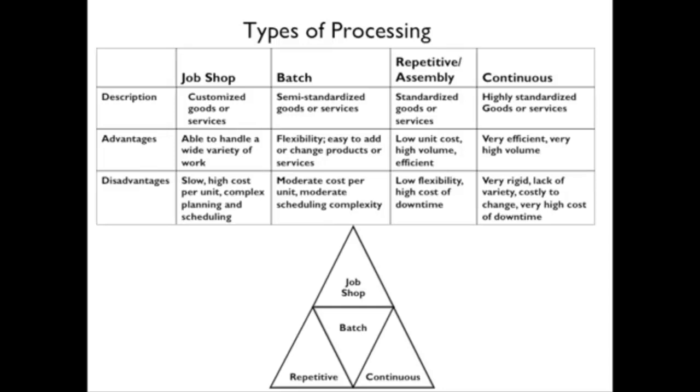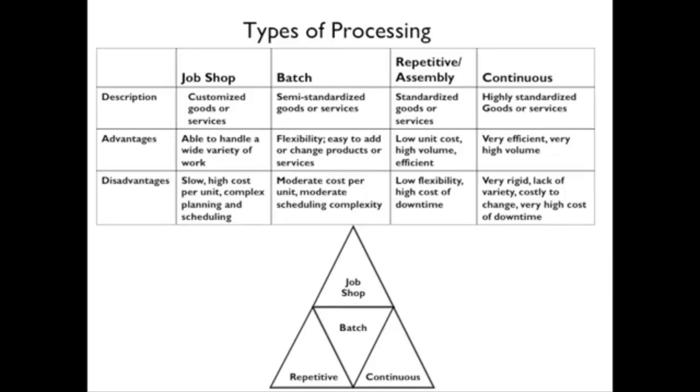It's very customized. You can handle a wide variety of work. You come in, you might need an engine rebuilt, a tune-up, your brakes adjusted, or new tires. The disadvantage of this is it's slow, high cost per unit, and it's complex planning and scheduling.